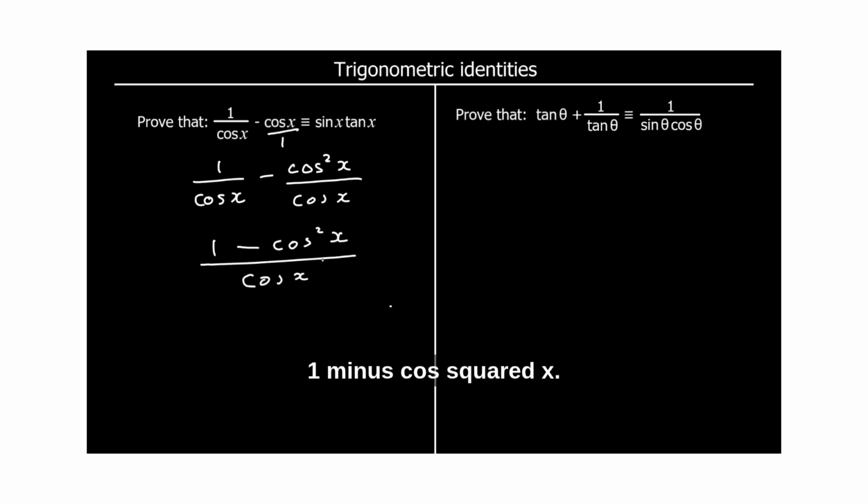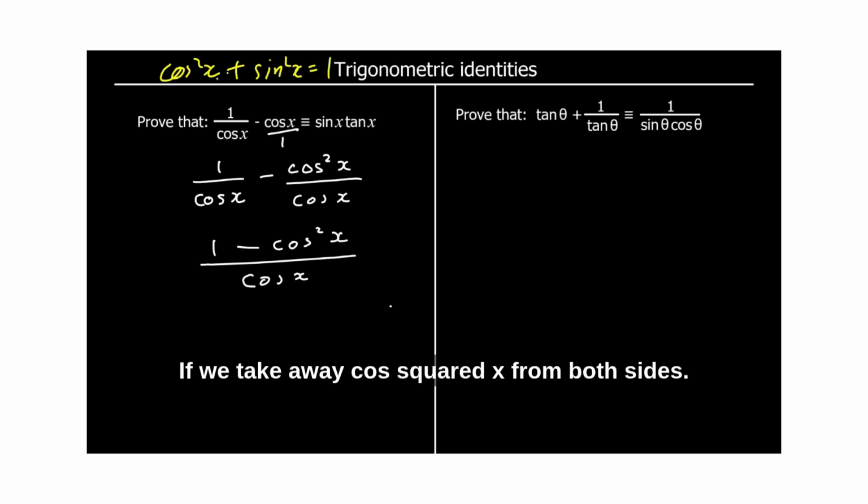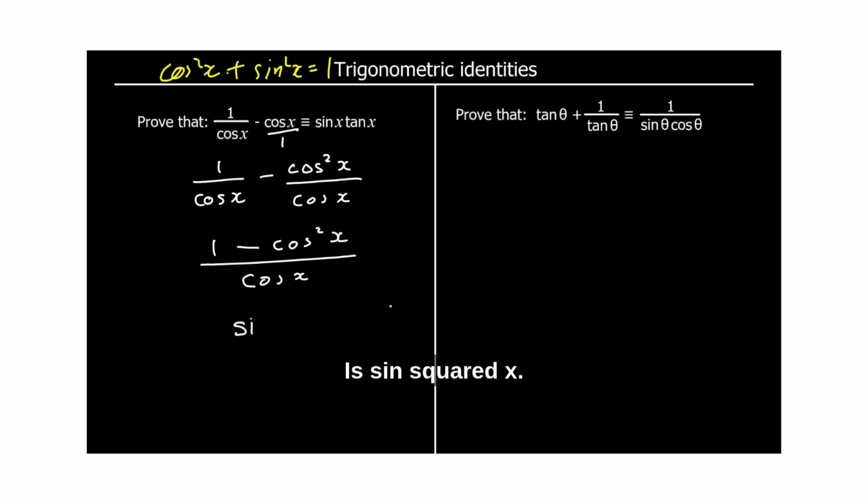1 minus cos squared x. Remember, cos squared x plus sine squared x is equal to 1. So 1 minus cos squared x, if we take away cos squared x from both sides, is sine squared x. That's sine squared x over cos x.